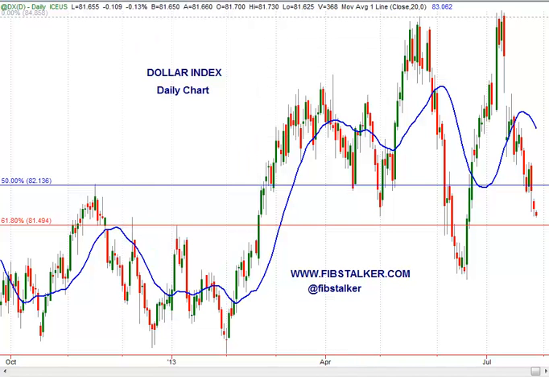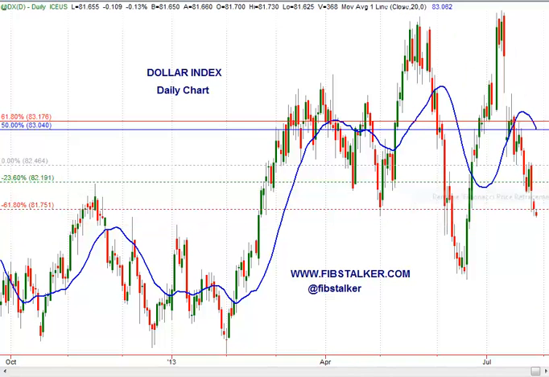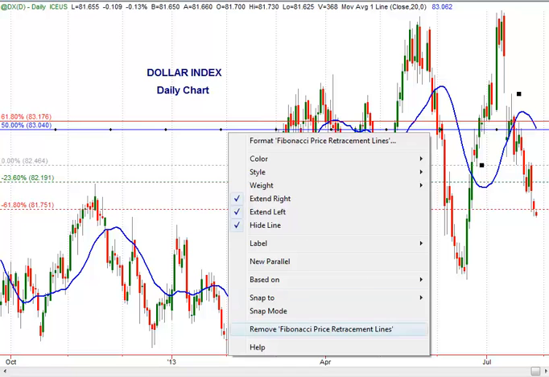There is a sequence of measured moves lower here, which can be seen on the euro and can be seen on the dollar. Of course, I will remove this trace just to show it, and as we can see, we had resistance in the 83 area, which brought price into the target in the 82 area.